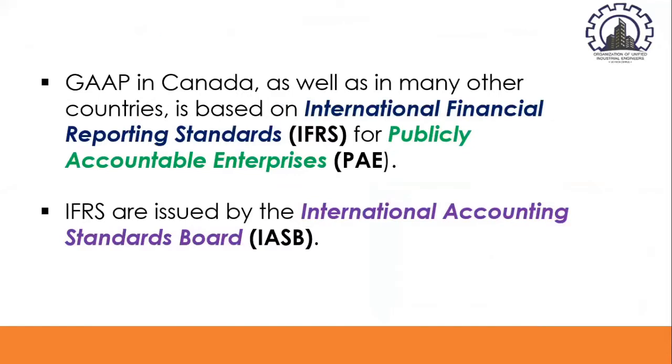GAAP in Canada, for example, as well as in many other countries, is actually based on International Financial Reporting Standards, or the IFRS, for Publicly Accountable Enterprises, or PAE. IFRS are issued by the International Accounting Standards Board, or the IASB.